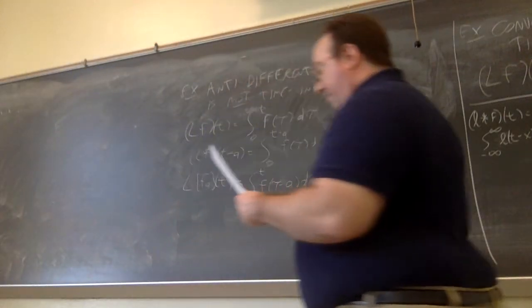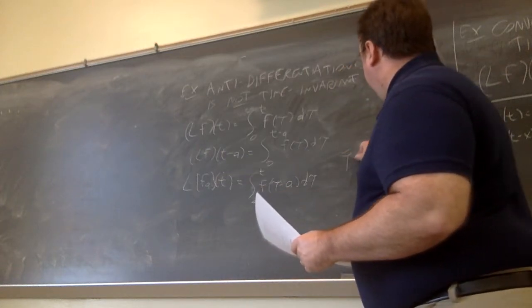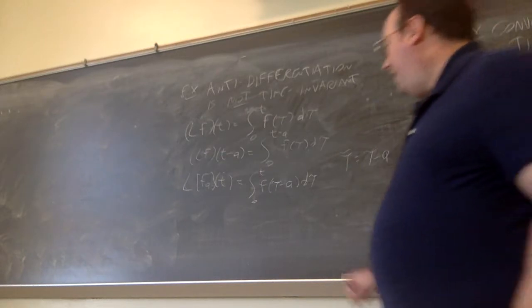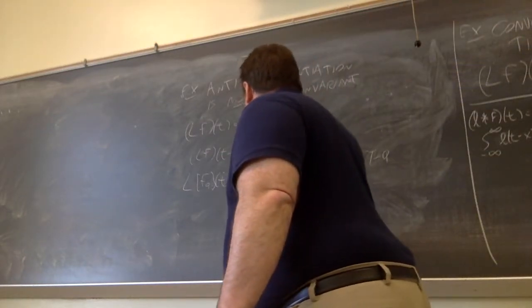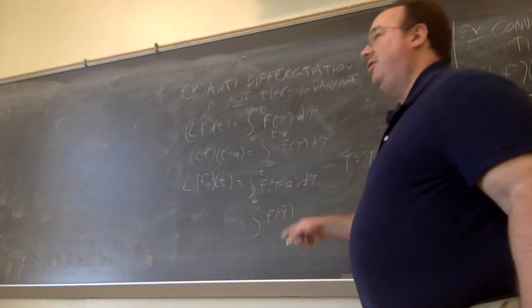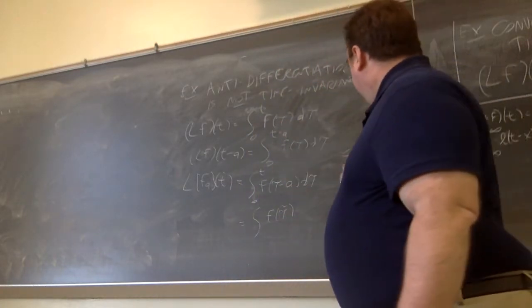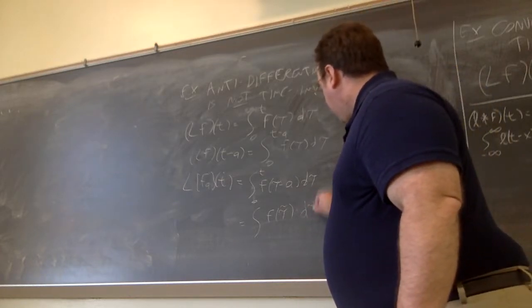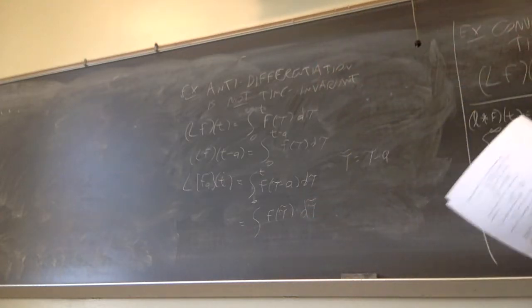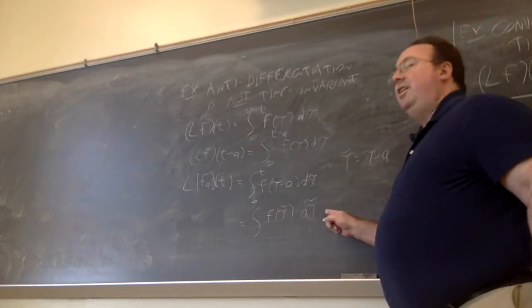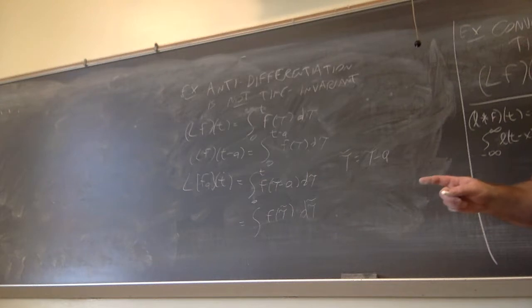I let tau tilde equal tau minus a. That way I have f of tau tilde. So this matches this, just with a different variable. d tau tilde is equal to d tau. So notice, if you look at these two integrals, so far they match.